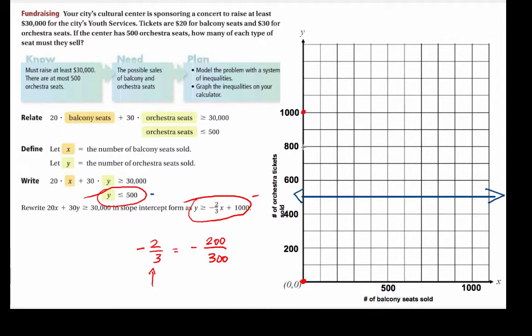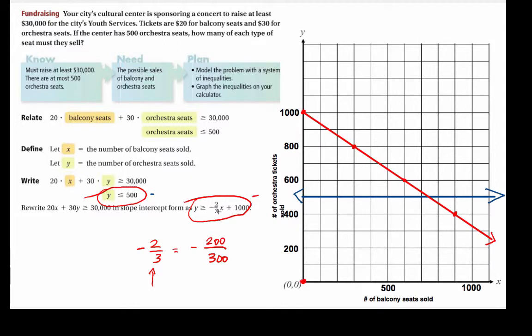So if I go down 200 and I go over 300, there's a dot. If I go down 200 and over 300 again, there's another dot. Down 200 over 300, another dot. Now I'm ready to drop a line here. So there's my boundary on that inequality. And where do I shade?